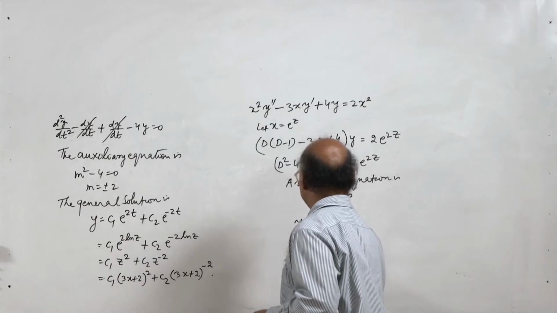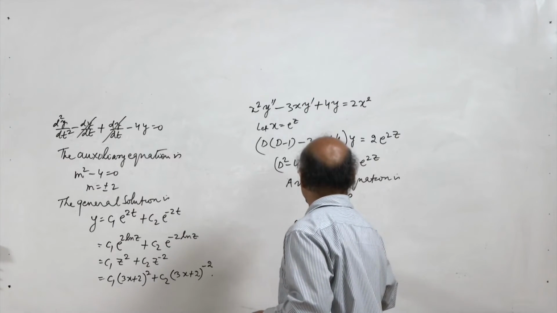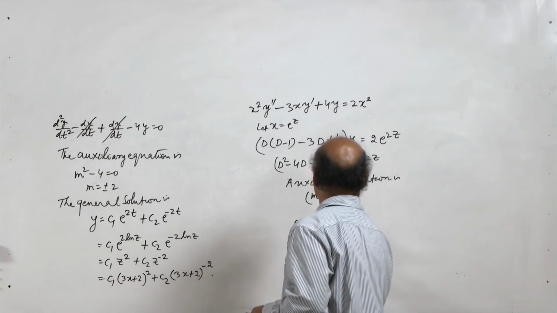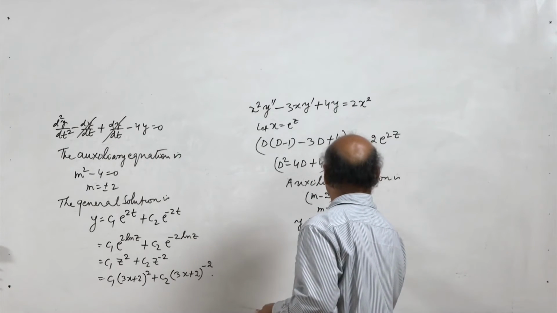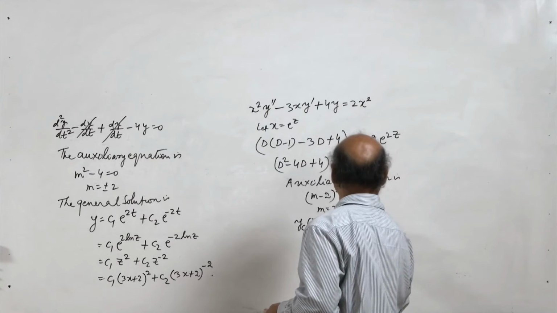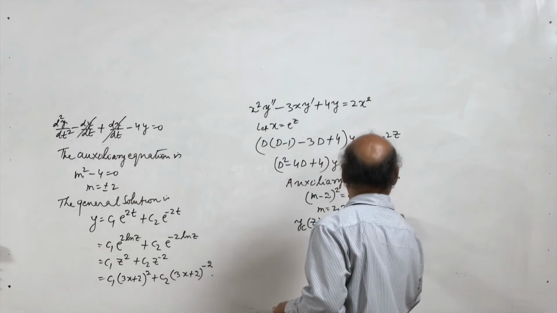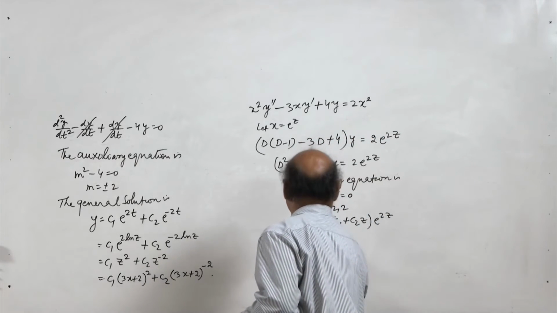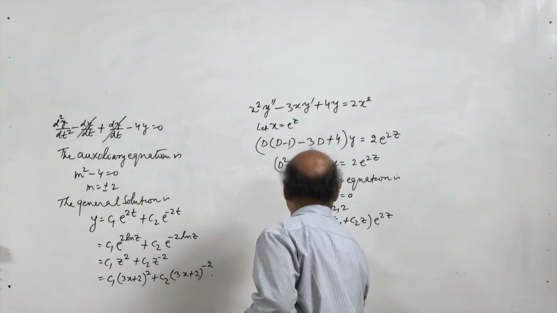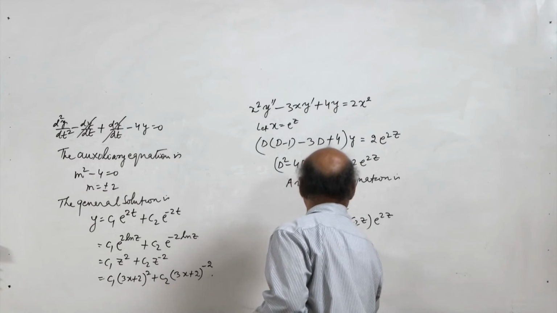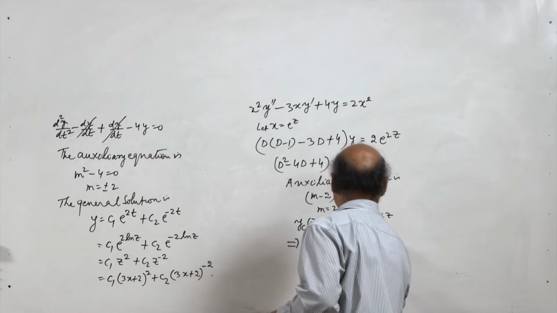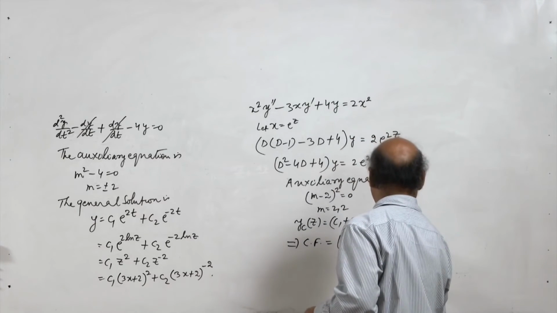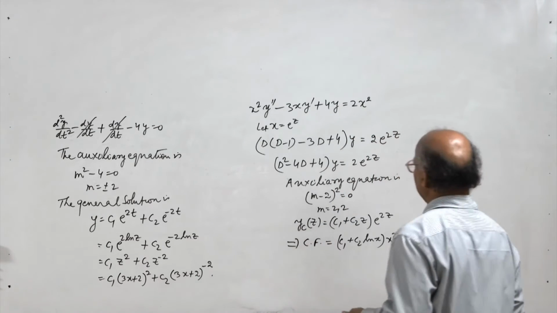So, y c z, because the independent variable is z, will be equal to c1 plus c2 z into e to the power 2z. Now, let us substitute z equal to ln x. So, we get the complementary function y c of x, c1 plus c2 log x into x square.